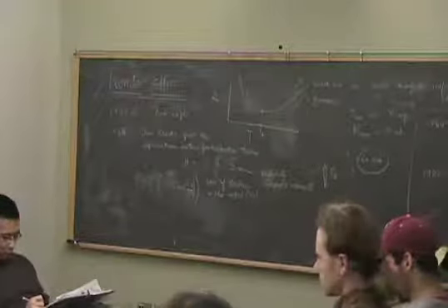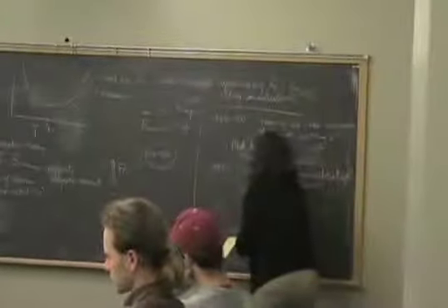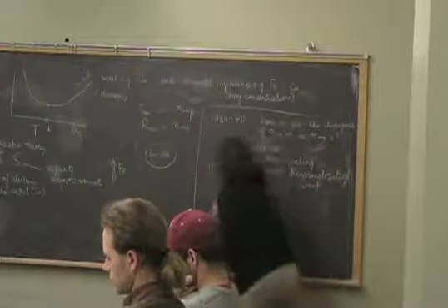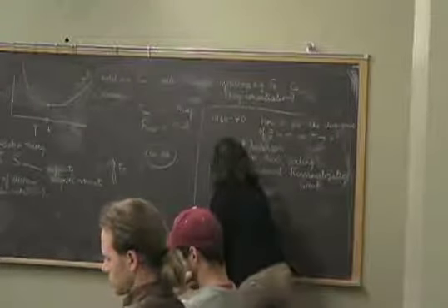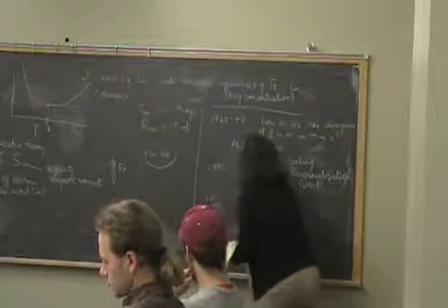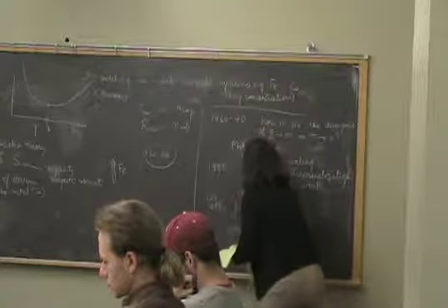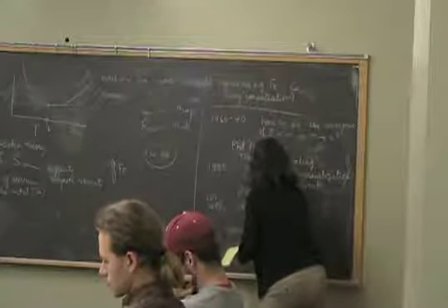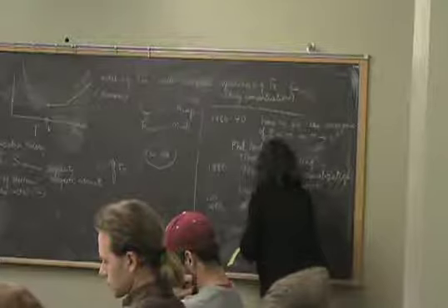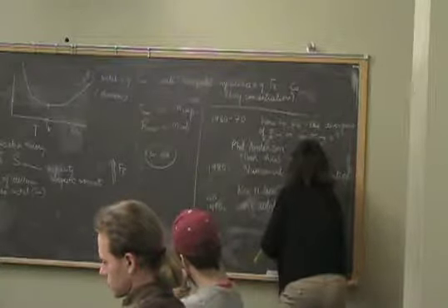NRG, and this is Ken Wilson, and he got the Nobel Prize for this. And then also in the late 1980s, I don't remember the dates, we have an exact solution. So this was a numerical one, but then we have an exact solution by Bethe ansatz techniques.